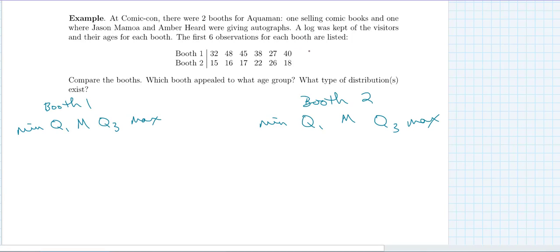So the first thing we probably want to do is create a stem plot, because stem plots naturally put things in order. So for booth 1, what do we have? We have 2, 3, and 4. The nice thing is that these are just tens digits and ones digits, so for 20 we have 27, for 30 we have 32 and 38, and for 40 we have 40, 45, and 48.